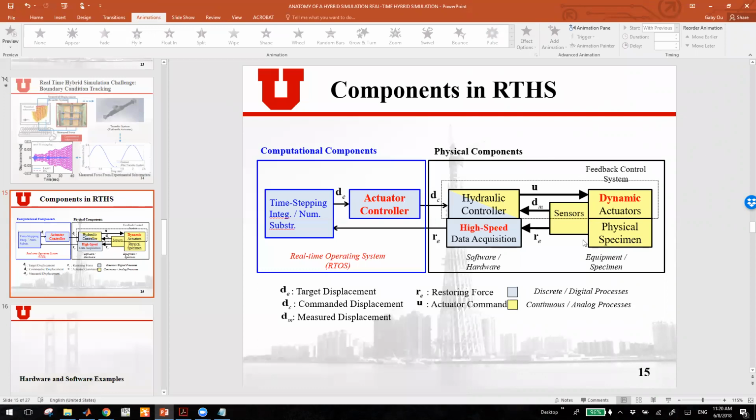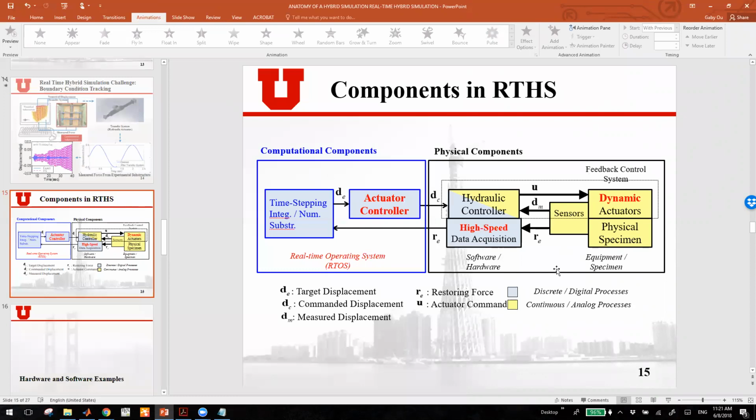And that means your time stepping, the numerical substructure model and the actuator controller have to run on a real-time operating system. I can give two examples of real-time operating systems. The first is Simulink Real-Time, also known as xPC real-time before. And the other one is LabVIEW Real-Time, which is the National Instruments product. So these are two examples.